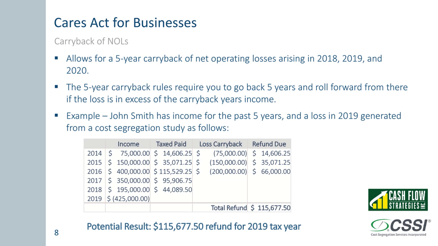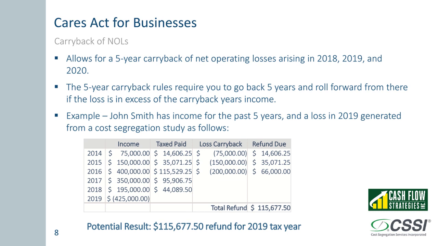Well, it created the $425,000 loss, which he's now, because of the CARES Act, able to go back and look at his profit in 2014, on which he paid $14,606 in taxes. He can apply some of that loss to that and get a refund of all of the taxes paid in 2014, 2015, and in his case, a portion of 2016 back without having to refile his taxes.